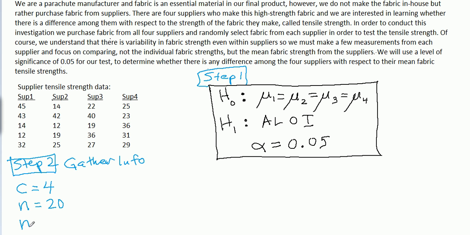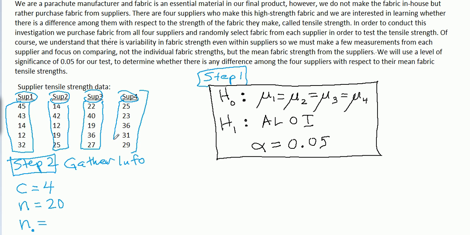N subscript dot. This is my little convention for the number of observations, the number of measurements we took in a particular group, from a particular population, in this case from a particular supplier. Now you'll notice that this is what's called a balanced design, and it's balanced because each of the groups has the same number of observations in it, namely 5, right?